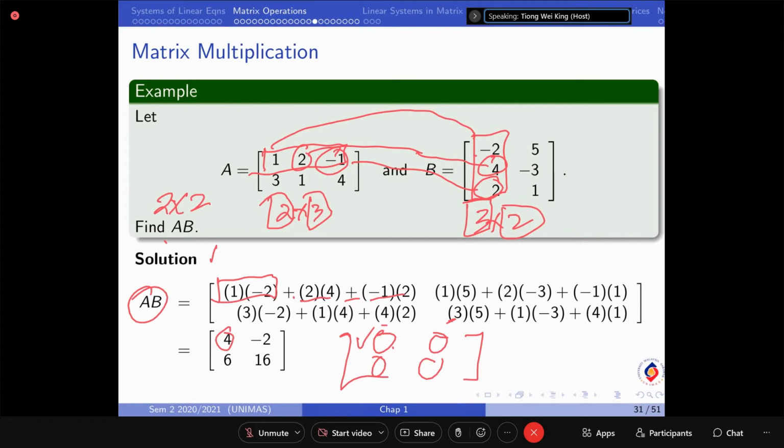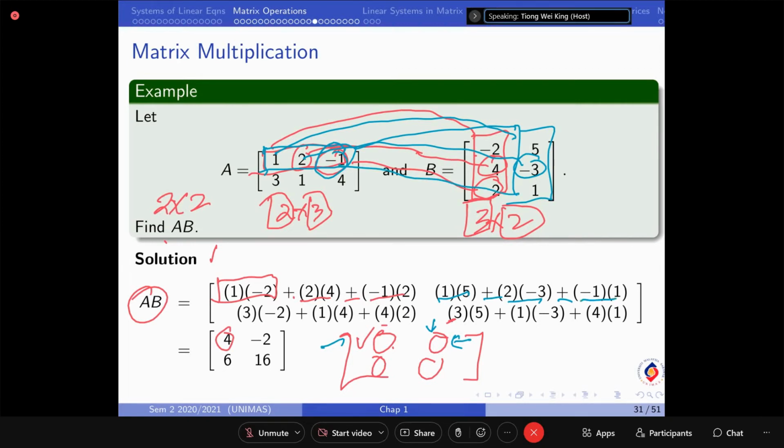To get the second entry, this is row 1, second column. So you take row 1, multiply with the second column. Same, 1 times 5 plus 2 times -3 plus -1 times 1.